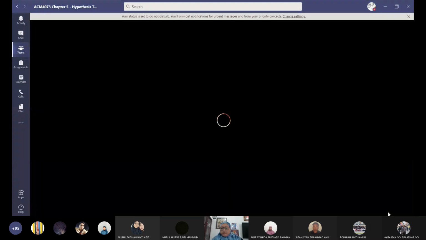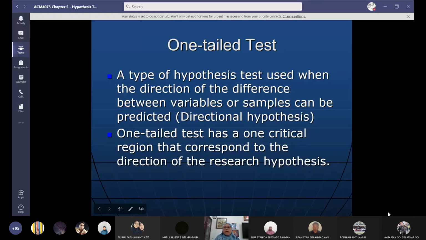One tail. A one-tail test is a type of hypothesis test used when the direction of the difference between variables or samples can be predicted, which is a directional hypothesis.